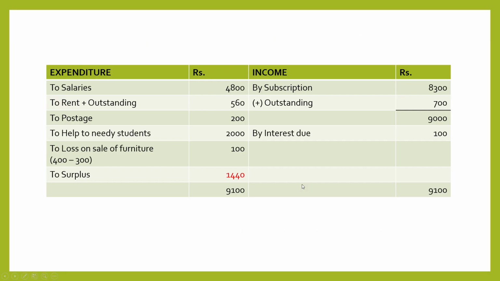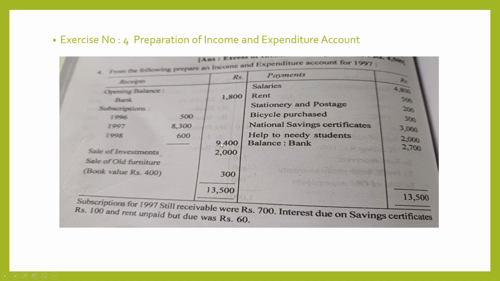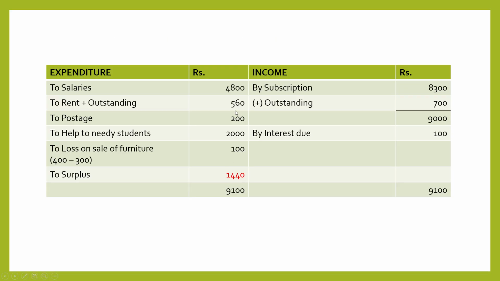So let's go to the solution. So salaries, rent is there, and then rent is 500, and then outstanding is 60 rupees. Postage is 200. Help to needy students is 2000. Loss on sale of furniture is 400, which is the amount given as book value, and in the amount column it is given as 300.